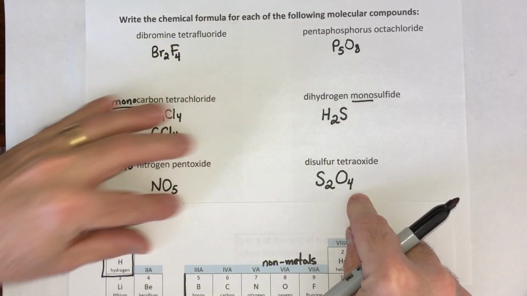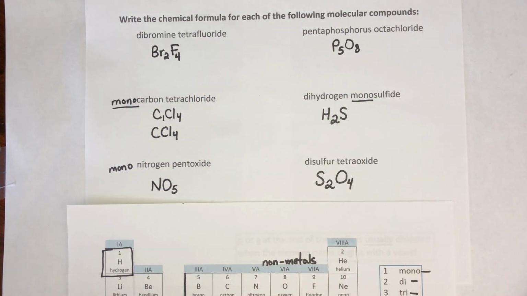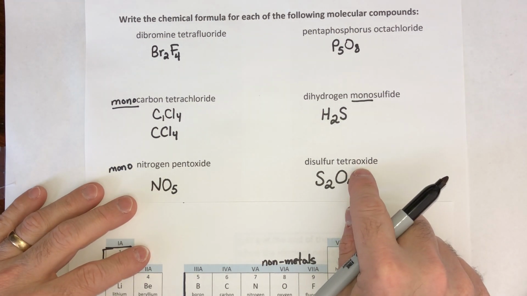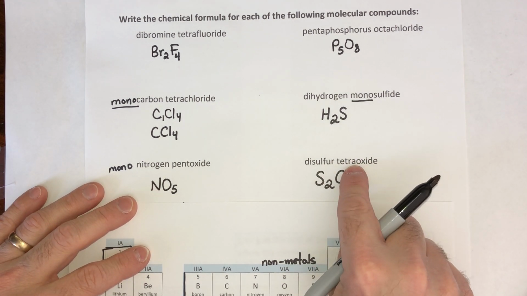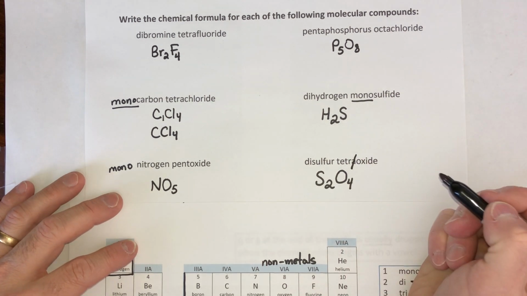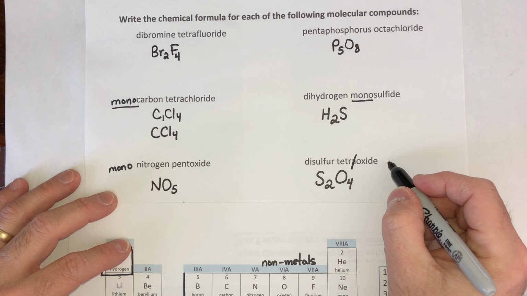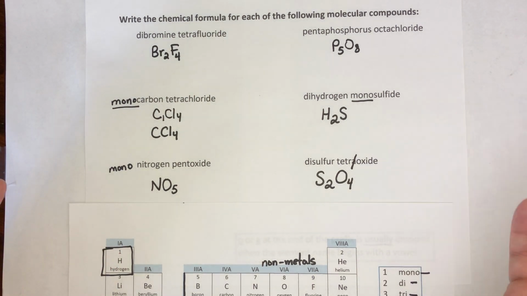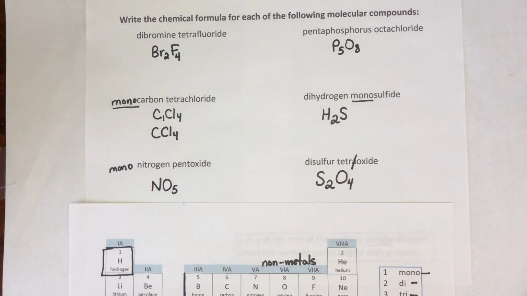For molecules, you go with what you have. And again, if I point out the name here, the tetra ended in an A. The element started with a vowel, so if I had wanted to, I could have dropped that A and called it tetroxide. Or I decided that tetraoxide sounded better, right? There's some leeway there. So I'm hoping that this helps you with your naming and writing chemical formulas for molecules.